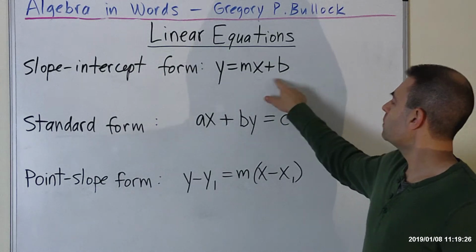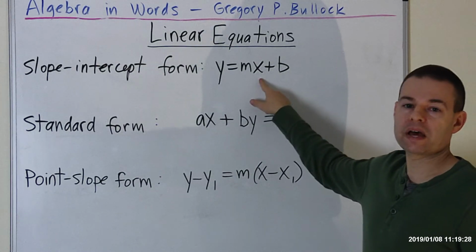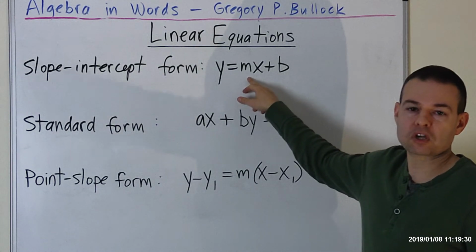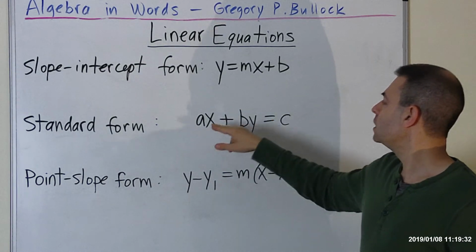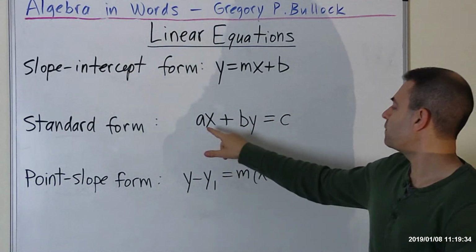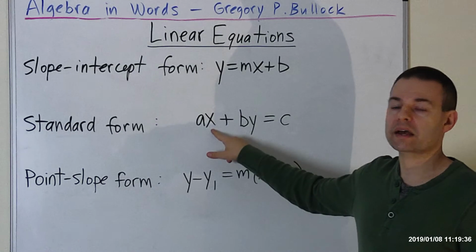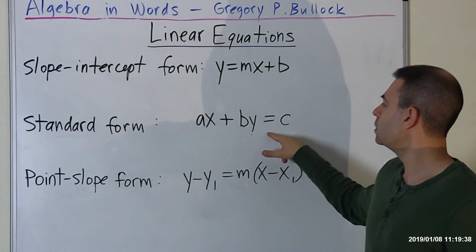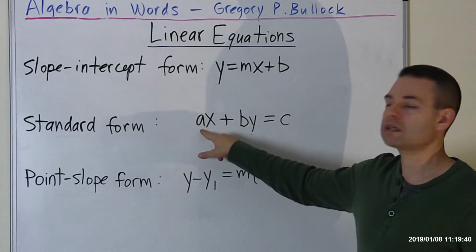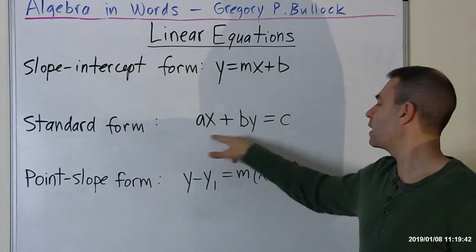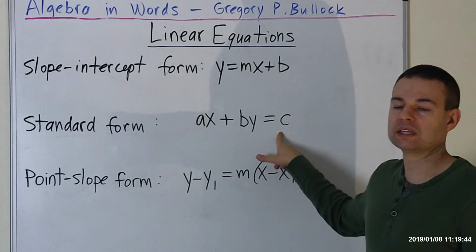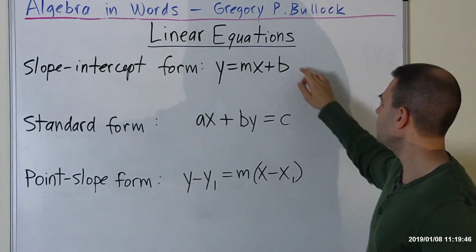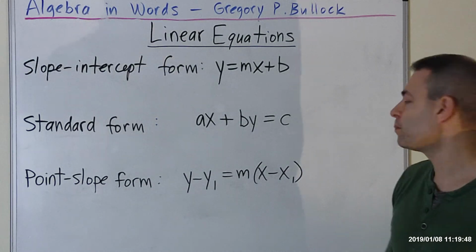In this form, when this m is in front of x, it's the slope, it's the functional slope. However, don't confuse the coefficient in front of this x in standard form with m, because this is not the slope. You can't get the slope in standard form unless you rearrange this into the slope-intercept form.